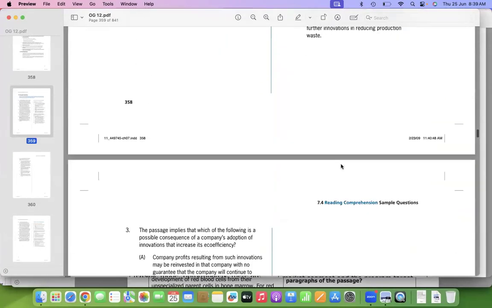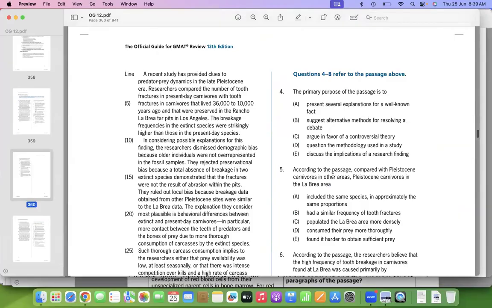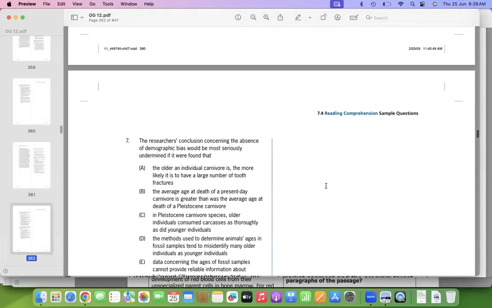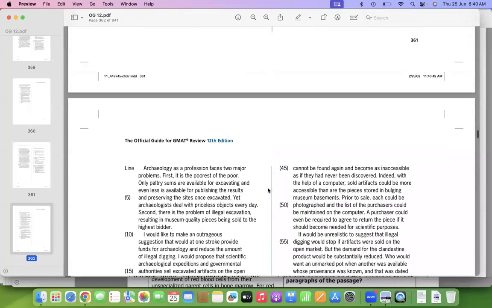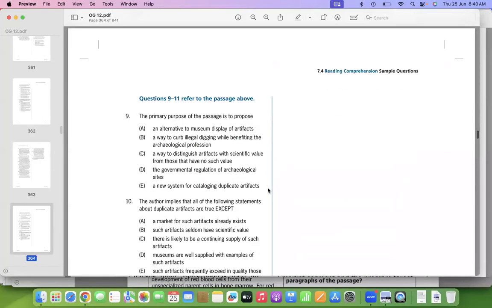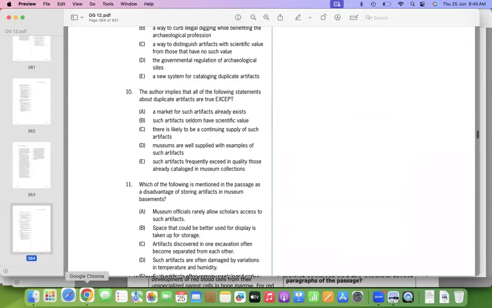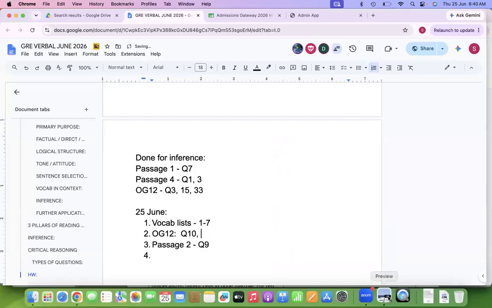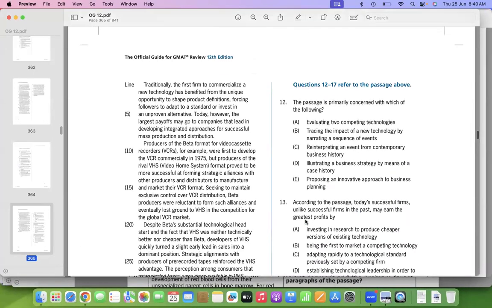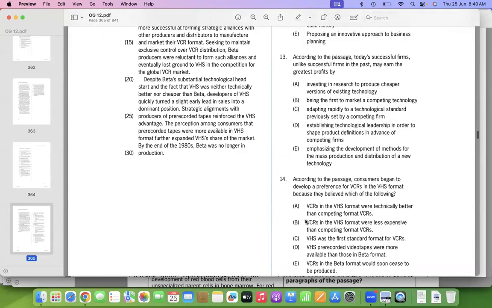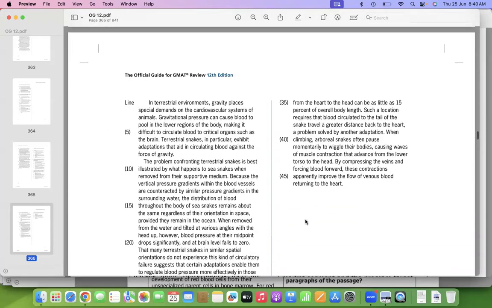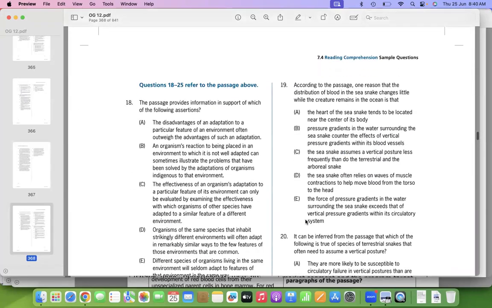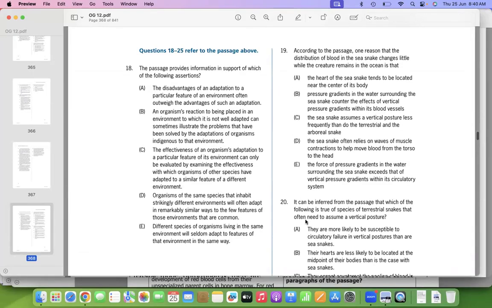On the OG, we've done the first inference question. On passage 2, we don't have a significant inference question. Passage 3, you can try question number 10. Passage 4, we've done the inference question. Passage 5 has a couple of inference questions that you can do.